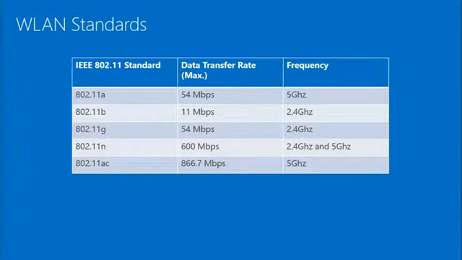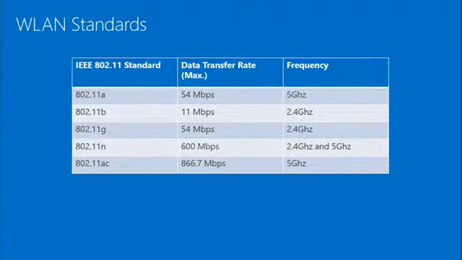Right. So again, we're back to standards. Our WLAN standards include 802.11, and the IEEE 802.11 is wireless. Within that, there are different categorizations of wireless. You see here, A is 54 megabits per second, B is 11, G is 54, 11N is 600.